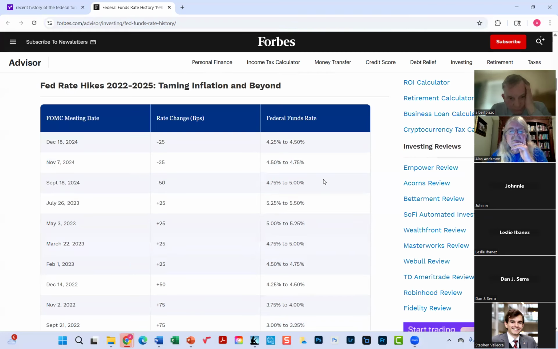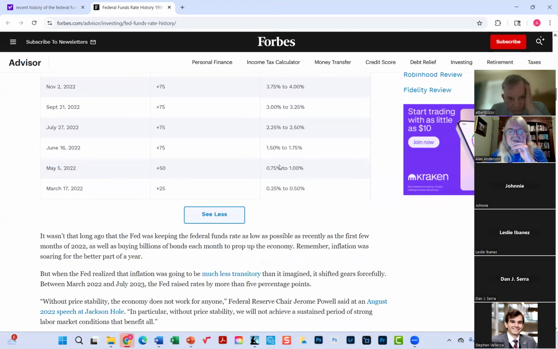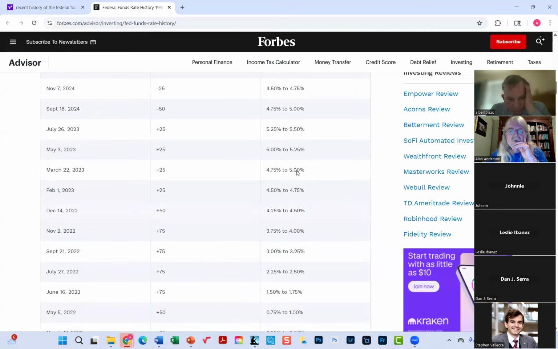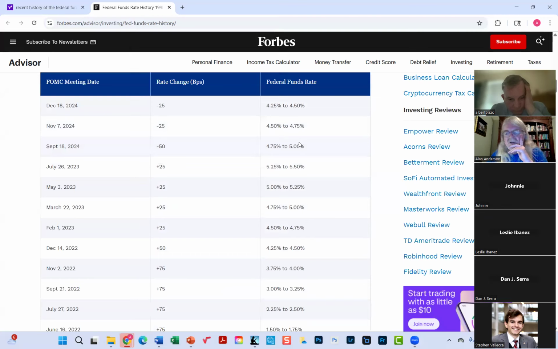Now it's kind of creeping back down again. But this is normal by historical standards. This was not. This is unprecedented in US history to have such a low federal funds rate. That was an unusual case. That's why the COVID. But normally it's up in this range, 4 to 5% is normal.